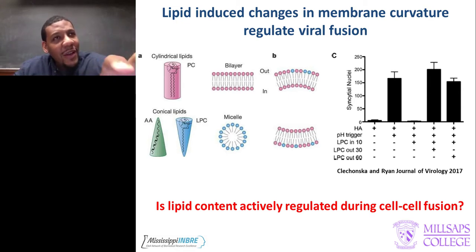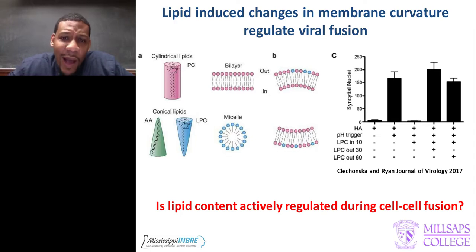Well, it turns out people have looked at the effect of adding LPC into viral fusion preparation. And what you're looking at here on the y-axis is syncytia formation. Syncytia are these big conglomerates of fusion, okay?